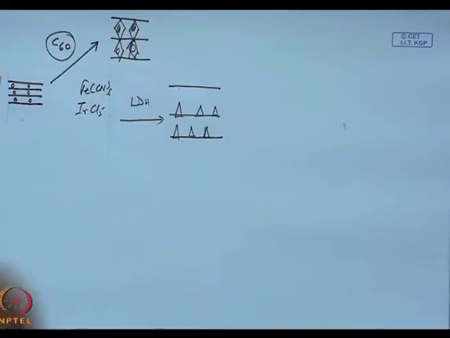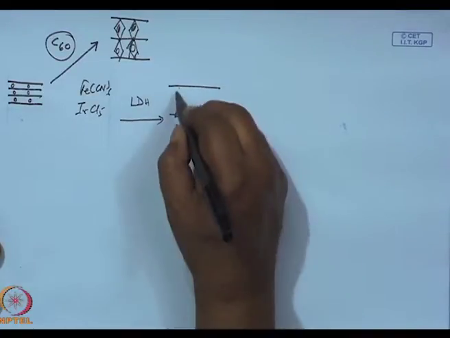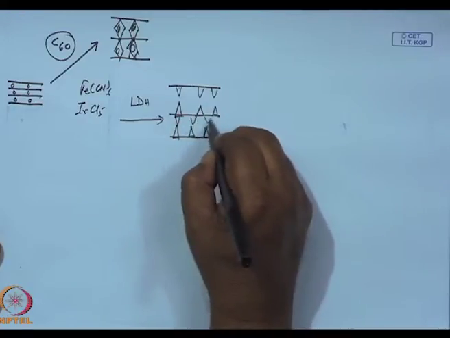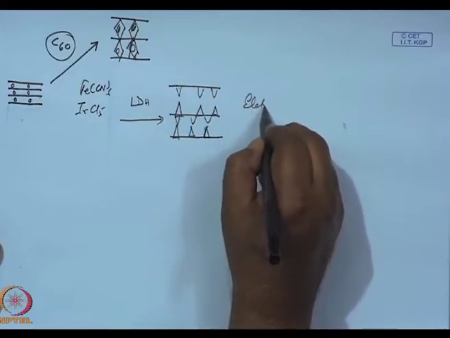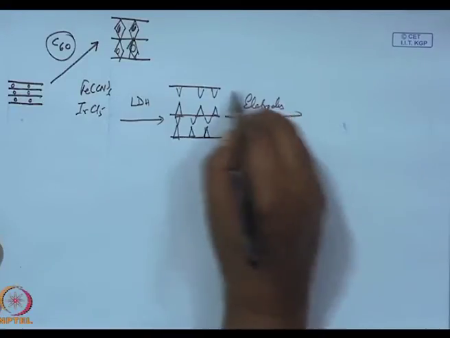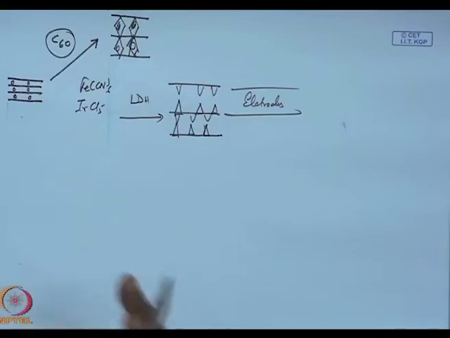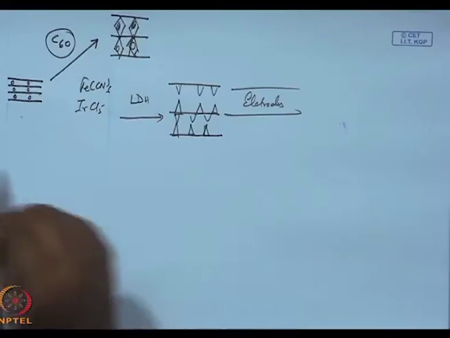We take ferrocyanides, iridium chloride and all of that, and here what we can then have is electrodes which are very stable and can work at very high temperatures.